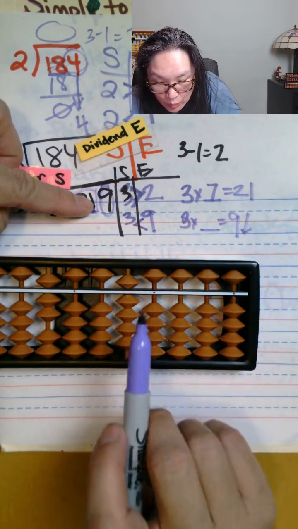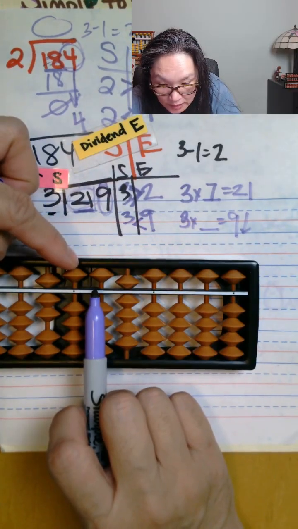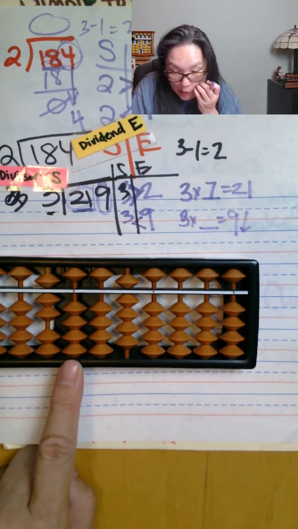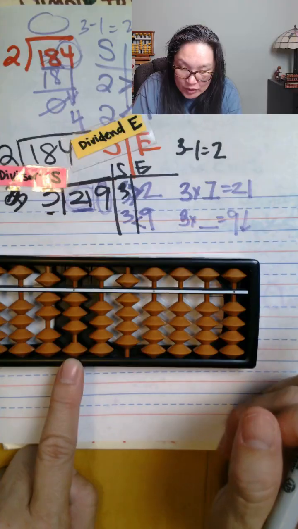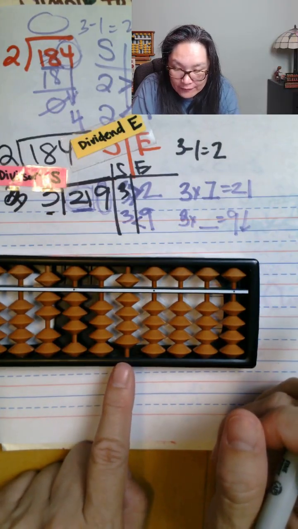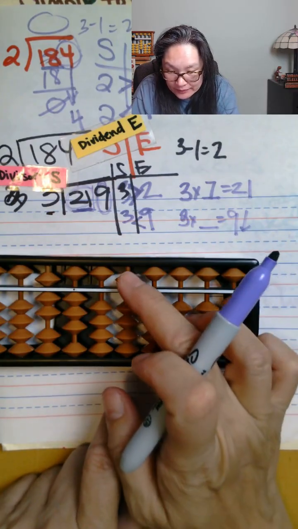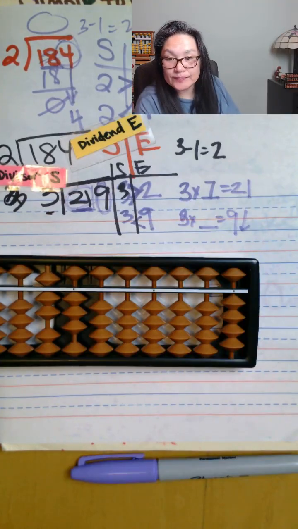Because I'm doing one digit, I have to skip this column. So I put my answer here. 3 times 3 is equal to 9. I take away 9 from my dividend. So my answer is 73.